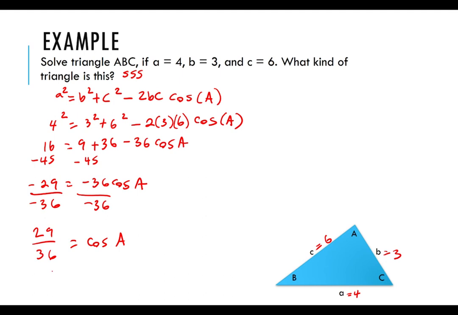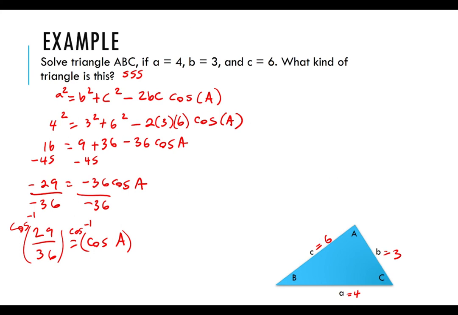At this point, I need to take the inverse cosine of both sides. And I have good news. Recall that cosine inverse actually has a range of between 0 and pi, which means that we don't have to be concerned about multiple triangles occurring when we take the inverse cosine.